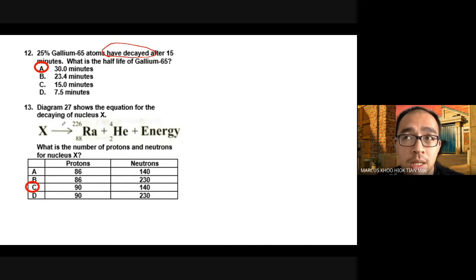When we do the half-life thing, the numbers represent the amount that hasn't decayed, what is left. So if 25% have decayed after 15 minutes, what has not decayed is actually 75%. But you can't use 75% for half-life.